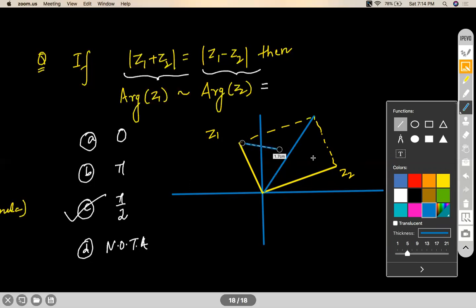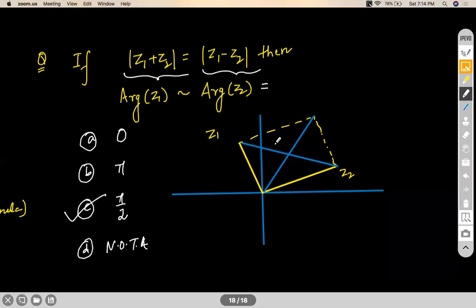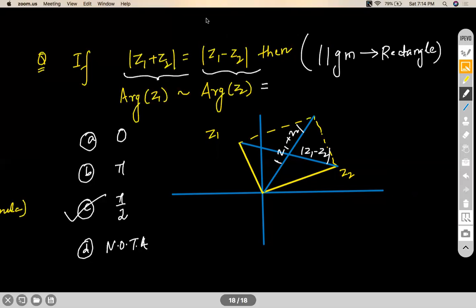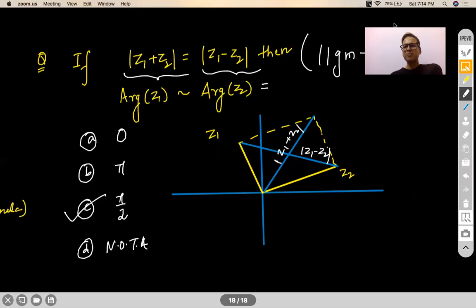Am I right? So this length, which is mod z1 plus z2, will match this length, which is mod z1 minus z2, only when the parallelogram is a rectangle. Do you agree with me on that or not? When can the two diagonals of a parallelogram be the same? Only when it is a rectangle.